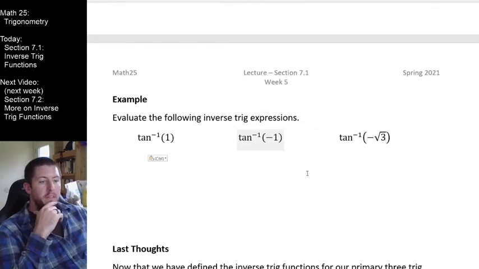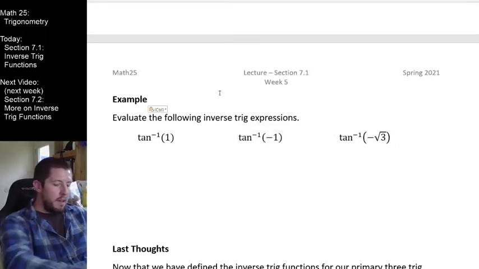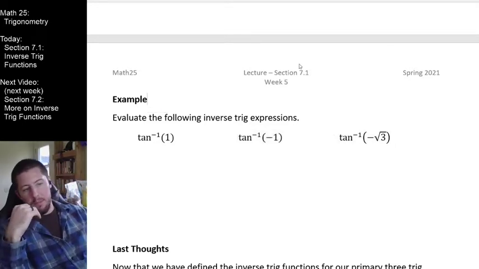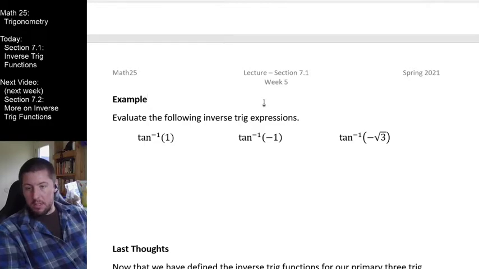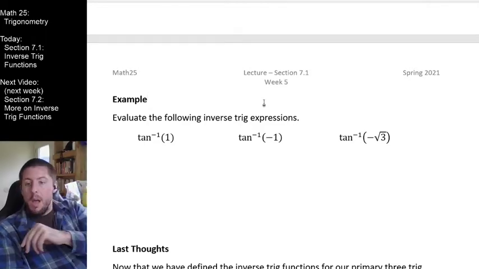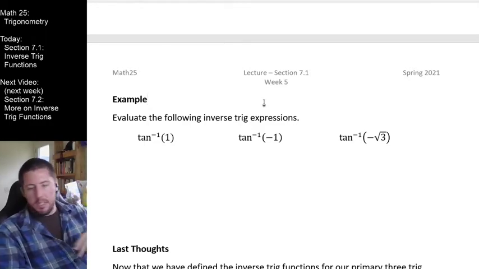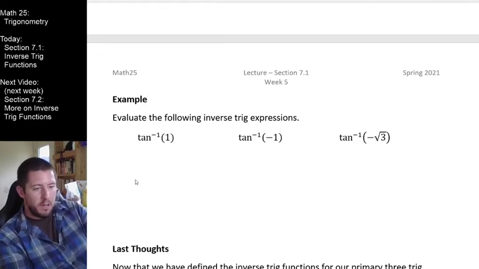All right, let's evaluate the following inverse trig expressions. Tangent is always a little bit tougher than our sines and cosines. So, tangent inverse of 1. I'm saying to myself, what angle did I take the tangent of to get 1? Well, there are two different angles I can think of in our first unit circle, but we're only keeping half the unit circle as possible outputs for the tangent function.